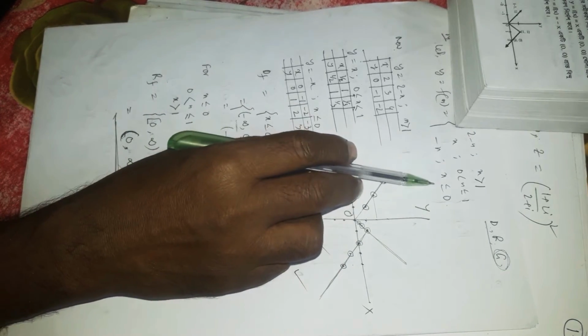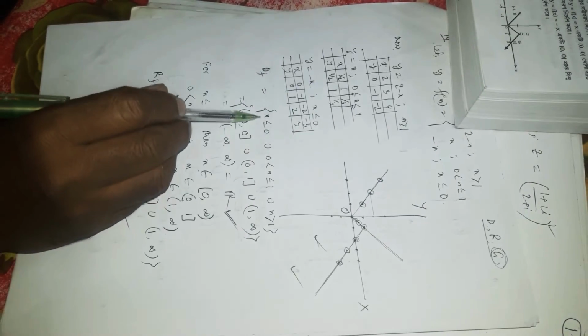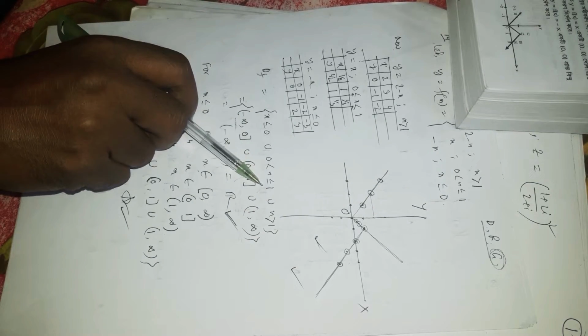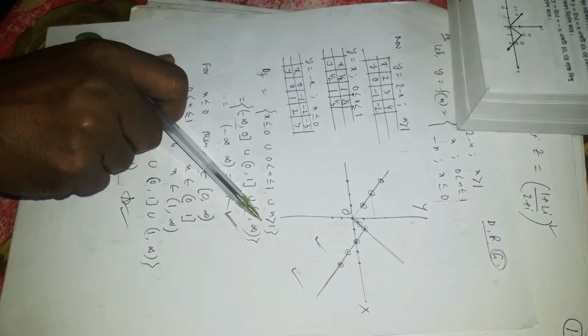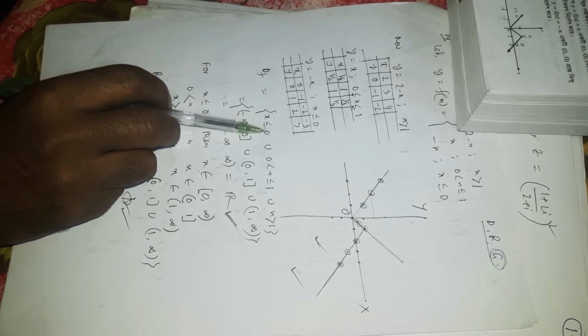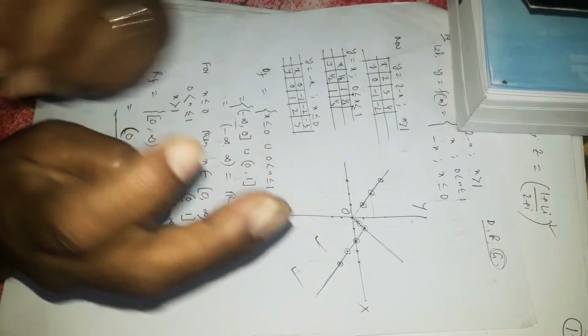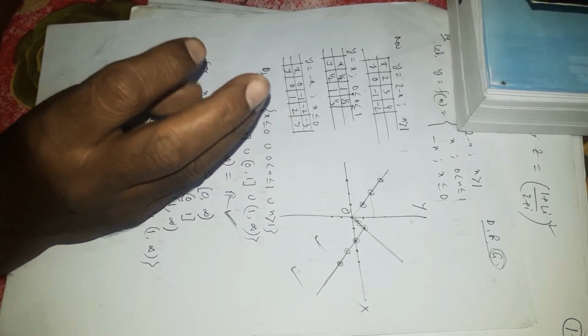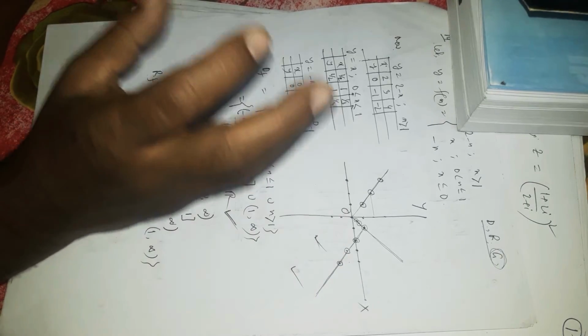First of all, x is less than 0, then x is between 0 and 1, less than or equal to 1, and x is greater than 1. So x is less than 0 means 0, minus 1, minus 2, minus 3, minus 4, up to minus infinity.